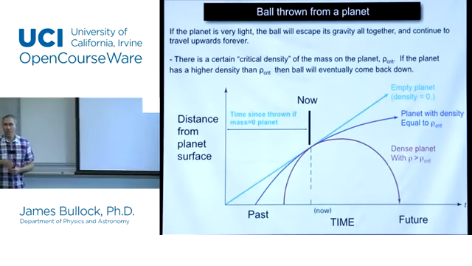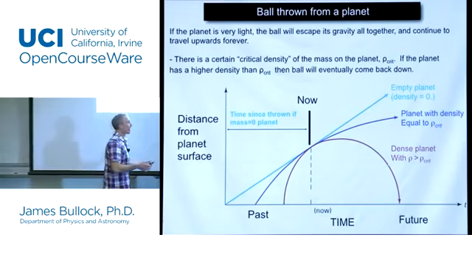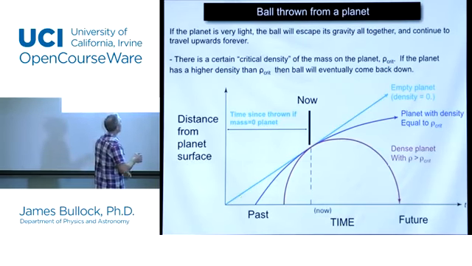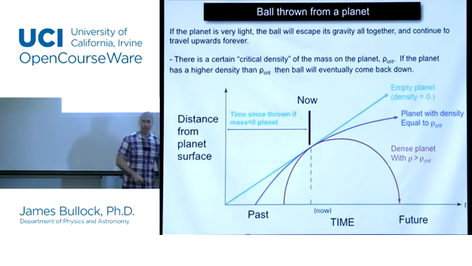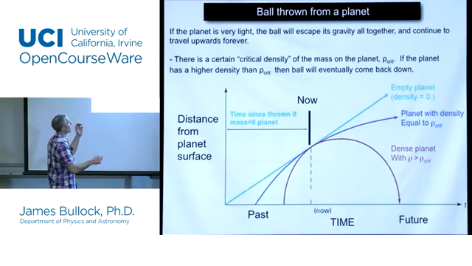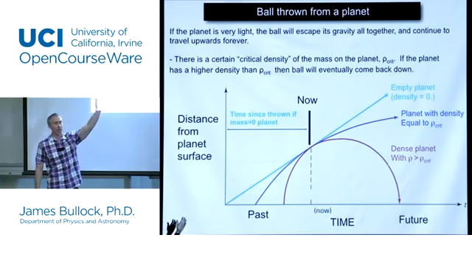And I gave this analogy of a ball. You take a ball, you throw it up off a planet. If the planet's very light, you can plot the distance from the planet's surface as a function of time, and it'll just be a constant rate. That is, the distance traveled in any given amount of time is always the same. It travels at constant velocity up because there's no force of gravity acting on the ball if the planet's light enough.